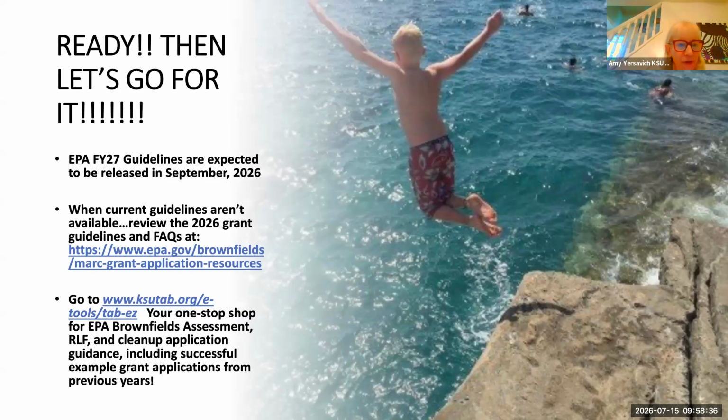We do have some of those posted, and we also have information on the different brownfield grants and tips on applications, as well as TAB Easy, which Beth Grigsby from KSU TAB will talk about a little more tomorrow.